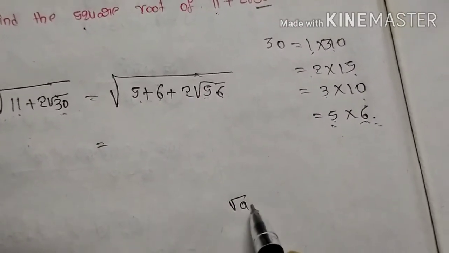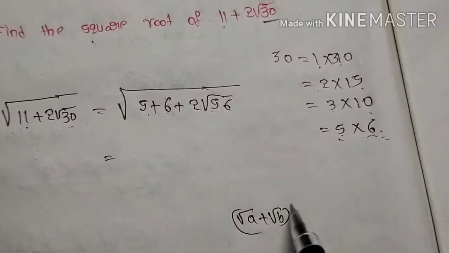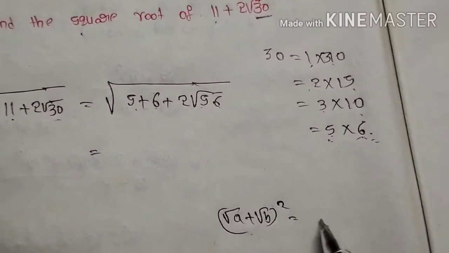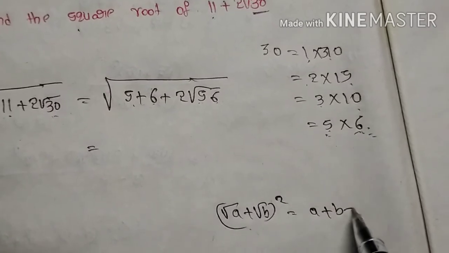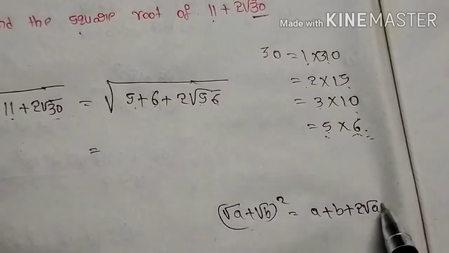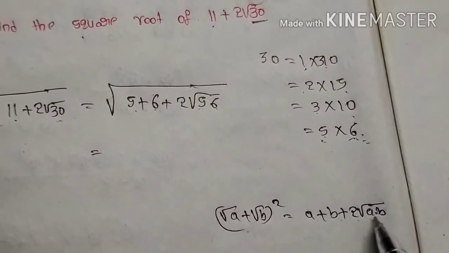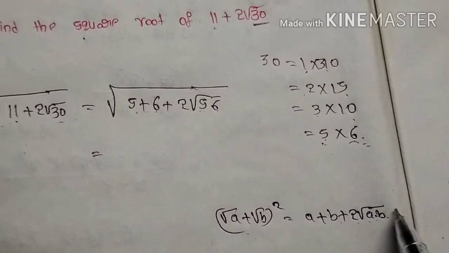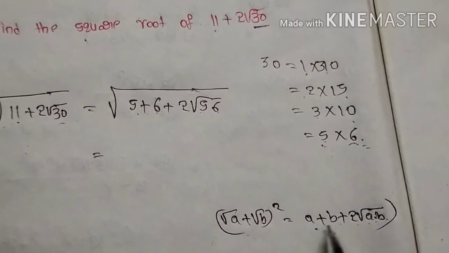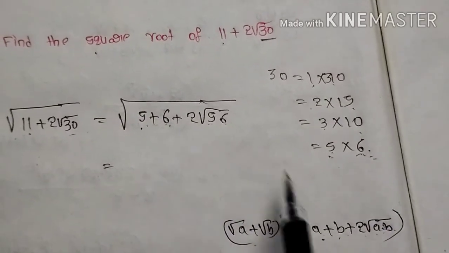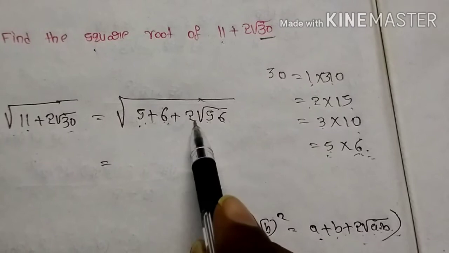See here, square root a plus square root b whole square is equal to a plus b plus 2 root ab. See here, a plus b plus 2 root ab. This is using this formula. Once you can see here a plus b plus 2 root ab.